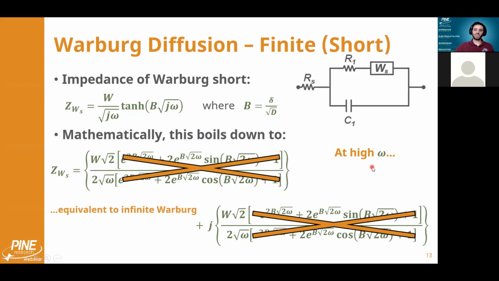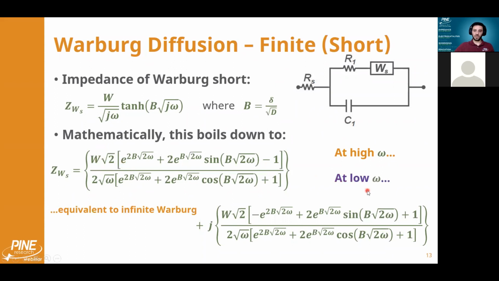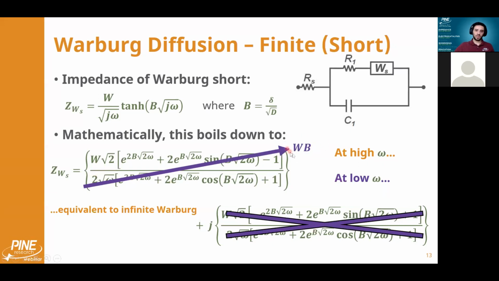So at high frequency, essentially a Warburg short breaks down to an infinite Warburg. Now at low frequency, what happens as omega goes to essentially 0? Mathematically, this term goes away. You just have to take my word for it, it goes to 0. And this term here simplifies to w times b. Now, these are constants, right? These are circuit fitted constants.